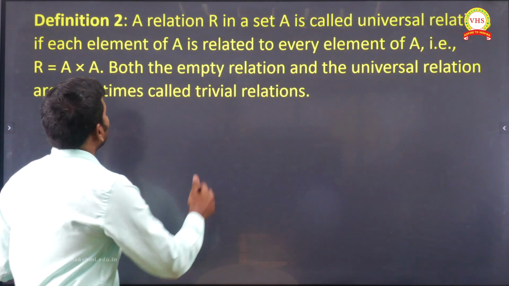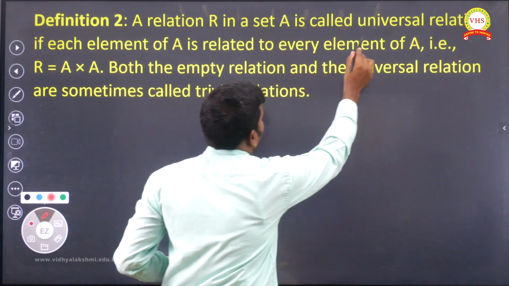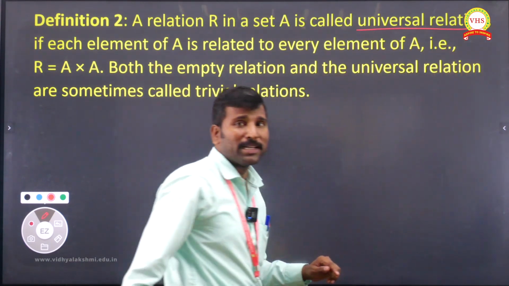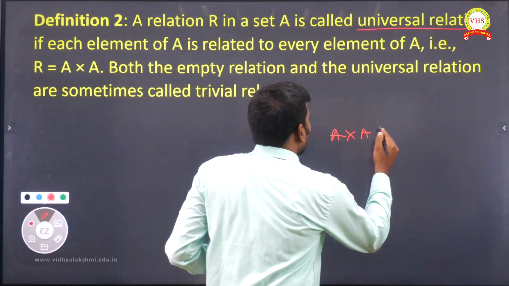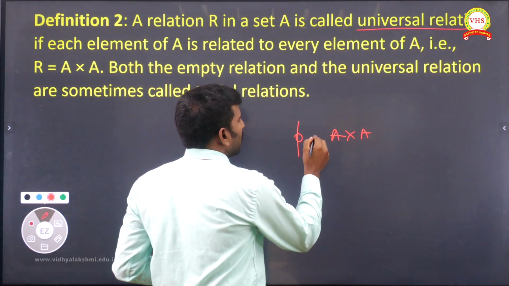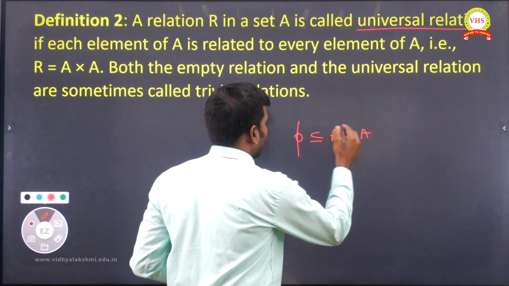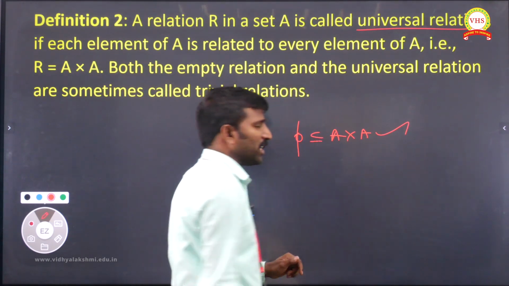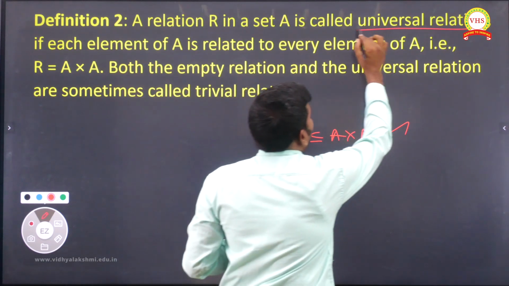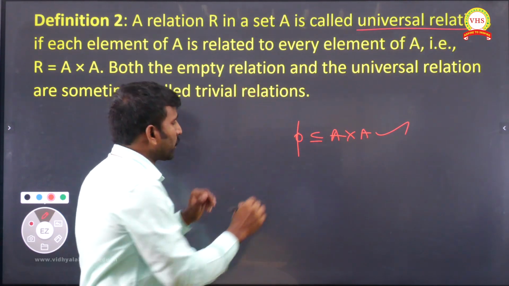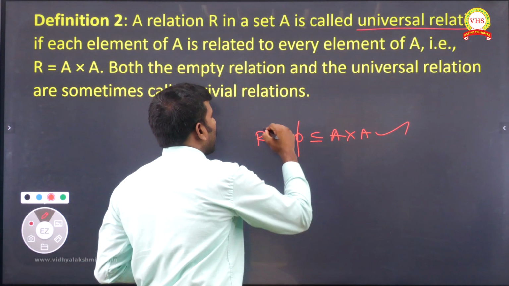Definition: a relation R in a set A is called a universal relation. When we have a cross product, the empty set is a subset of the cross product. This is called the empty relation we have seen. Here R means relation.